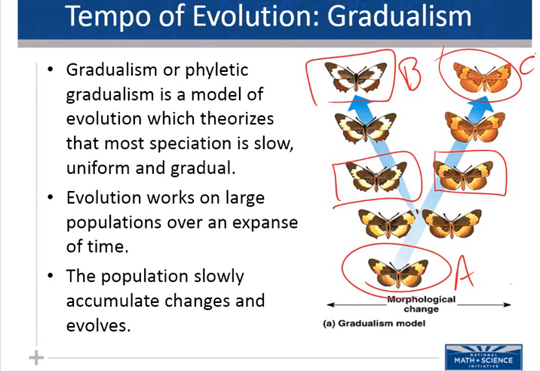So again, you wouldn't necessarily be looking at butterflies, but at fossil organisms and noticing changes in their structure over multiple layers of rock, gradually accumulating changes until they were so different you simply had to call them different species. Okay, so that's gradualism.